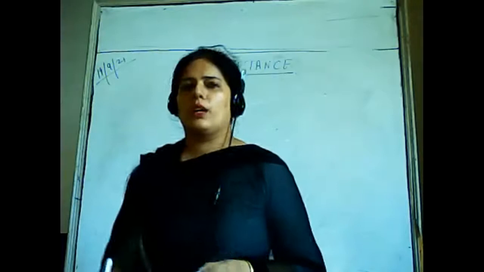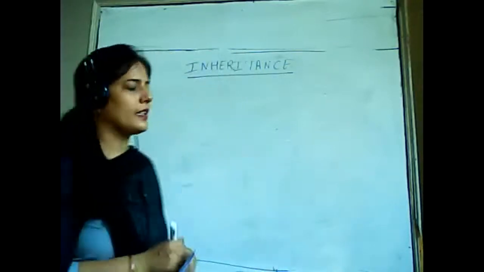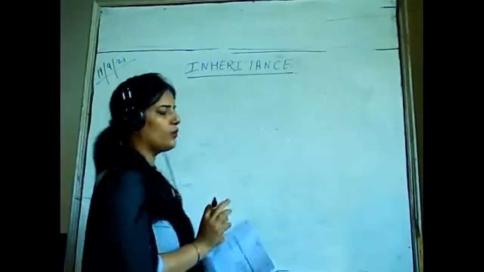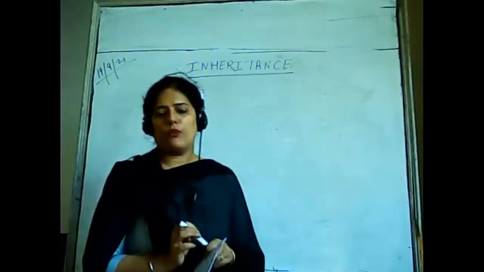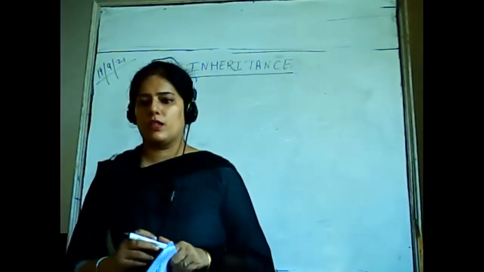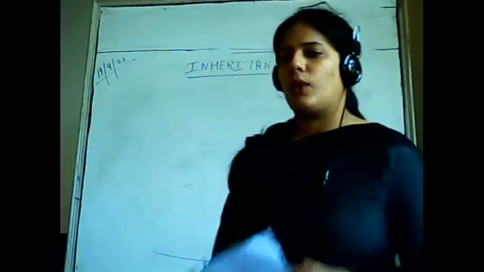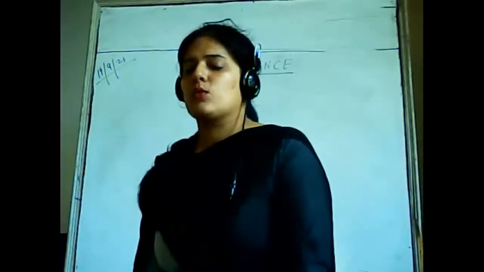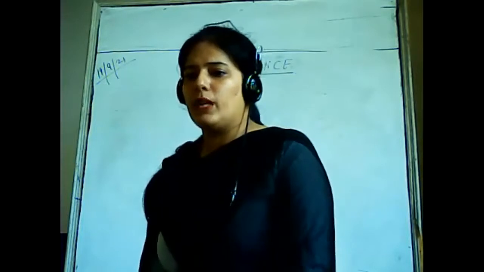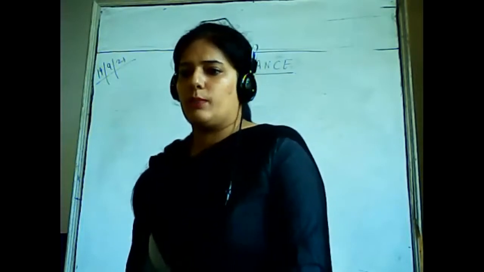Okay, so what do we mean by inheritance? You know that inheritance is one of the important features, if we say that a particular language obeys all the features of object-oriented programming, right? So inheritance is one of the prominent features of object-oriented programming.